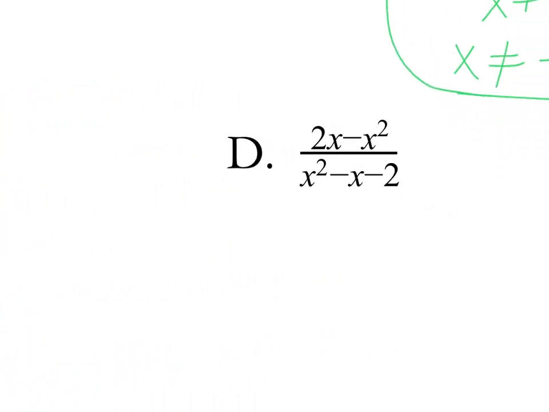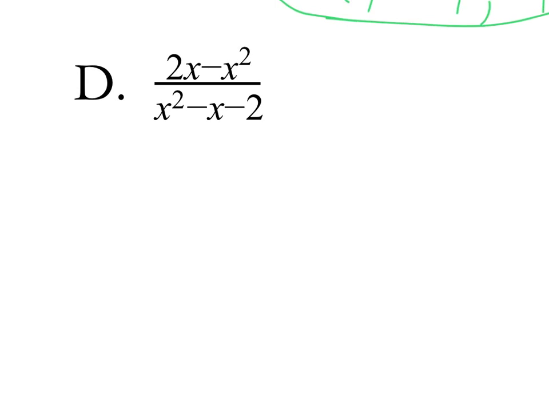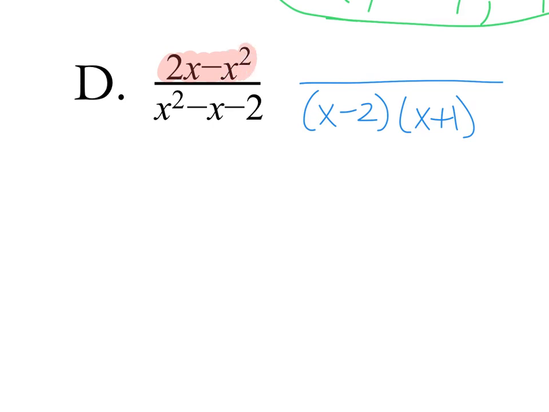Over here on part D, I'm going to factor and try to cancel best I can. I think the denominator is easier to cancel. It's going to turn into x minus 2 times x plus 1. Our numerator, I want something to cancel. And if I were to factor out an x from my numerator, I would have x times 2 minus x.